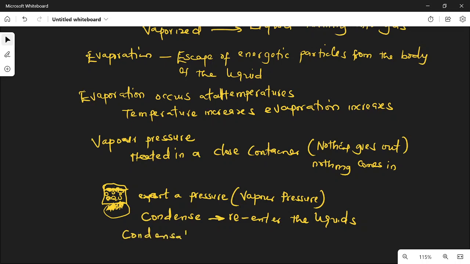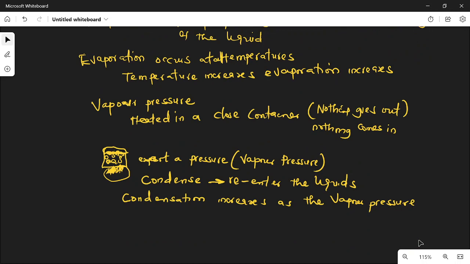Our condensation will increase as the vapor pressure rises.